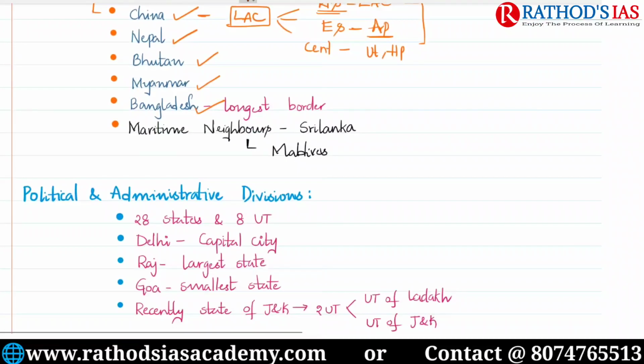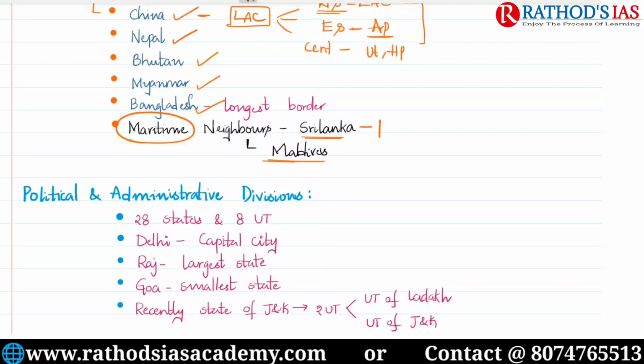So apart from that, we are also sharing maritime boundary. For example, we are sharing maritime boundary with other countries like Sri Lanka as well as Maldives. So if you are talking about Sri Lanka, you have to know what the Palk Strait is. Actually, Sri Lanka is mainly separated from India by the Palk Strait.